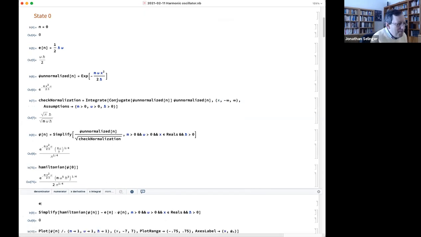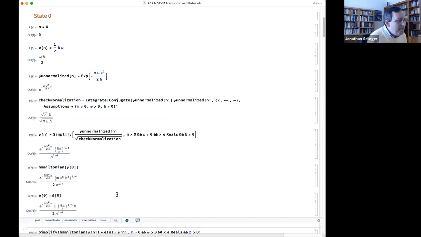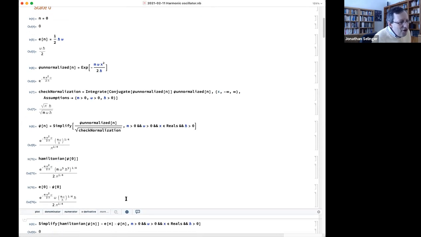And then by comparison, E0 times psi 0 is a half h bar omega times psi 0. These things look pretty similar to each other. Are they exactly the same?